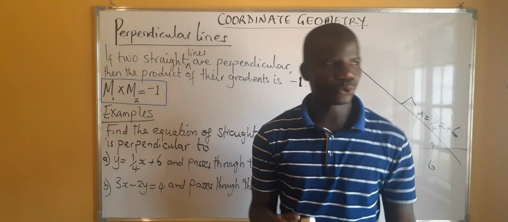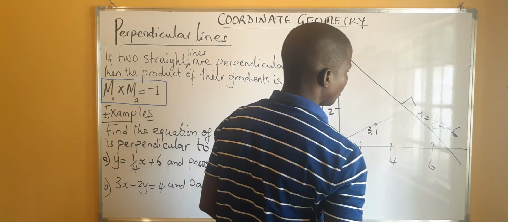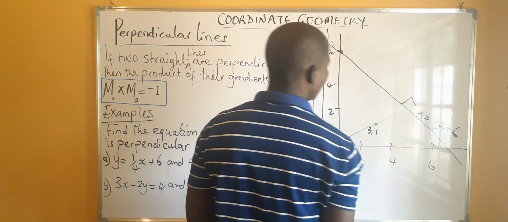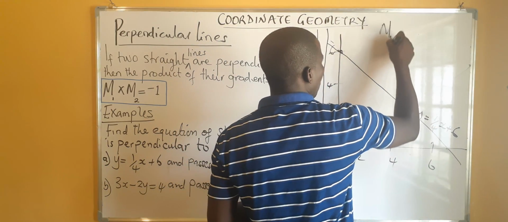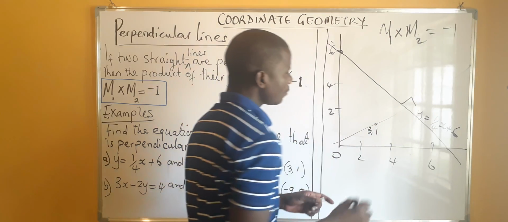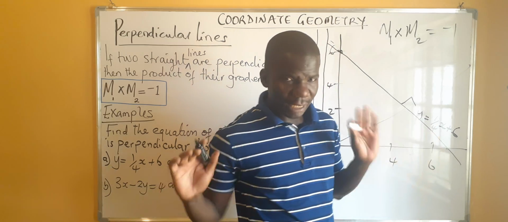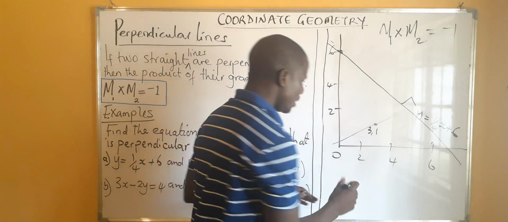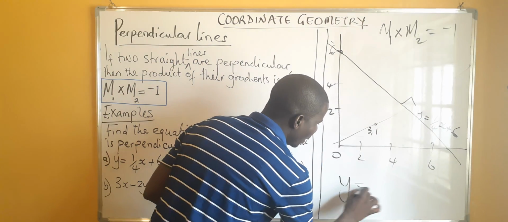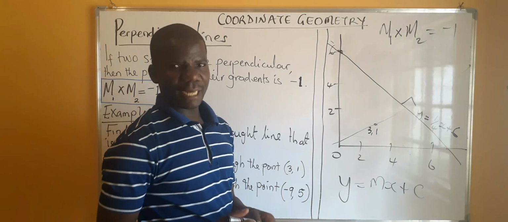So what are we going to do? We are going to find the gradient of this one because we know the relationship: m1 multiplied by m2 should give us -1. This one has already been written in the standard form, the form recommended in order for us to identify the gradient.